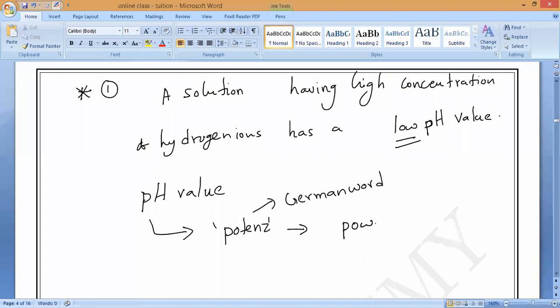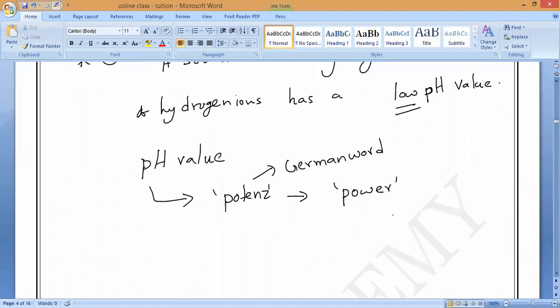Remember, because he is a German scientist. So P stands for potence, power, and H stands for hydrogen ions.